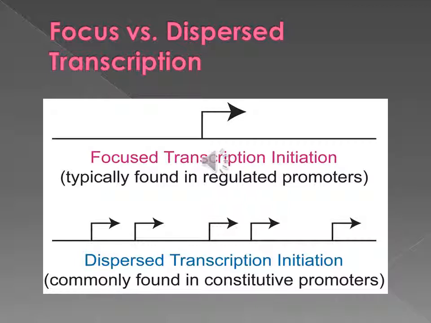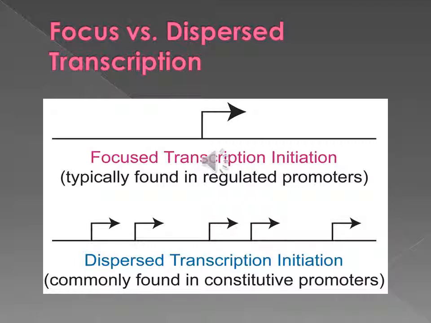In dispersed transcription, there are several weak transcription start sites over a broad region of about 50 to 100 nucleotides. Dispersed transcription is the most common mode of transcription in vertebrates. For instance, dispersed transcription is observed in about two thirds of human genes.